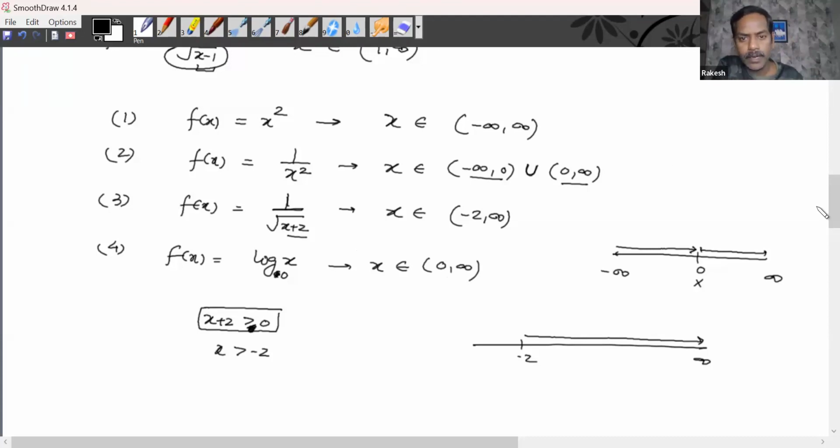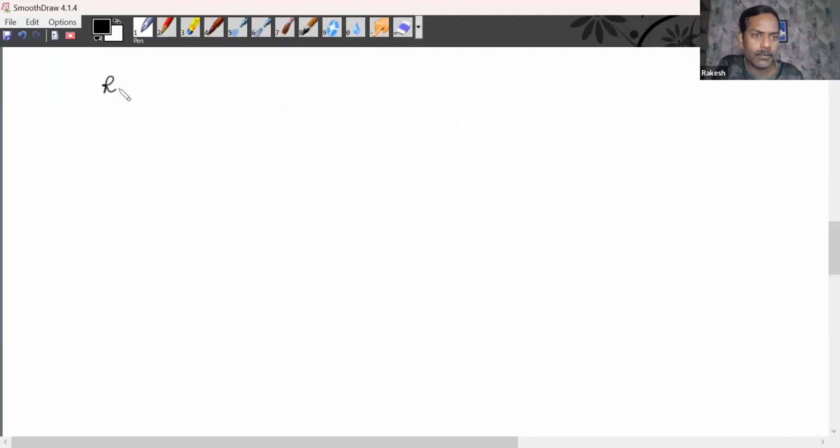Now, what about the range? What about the range? So range, as I say, is what are the possible outcomes the function can have. That is the range. So if I take the similar example that f of x is equal to x square, right? So we are sure that f of x will never be negative, right? F of x can be 0. F of x can be any positive value also, correct?